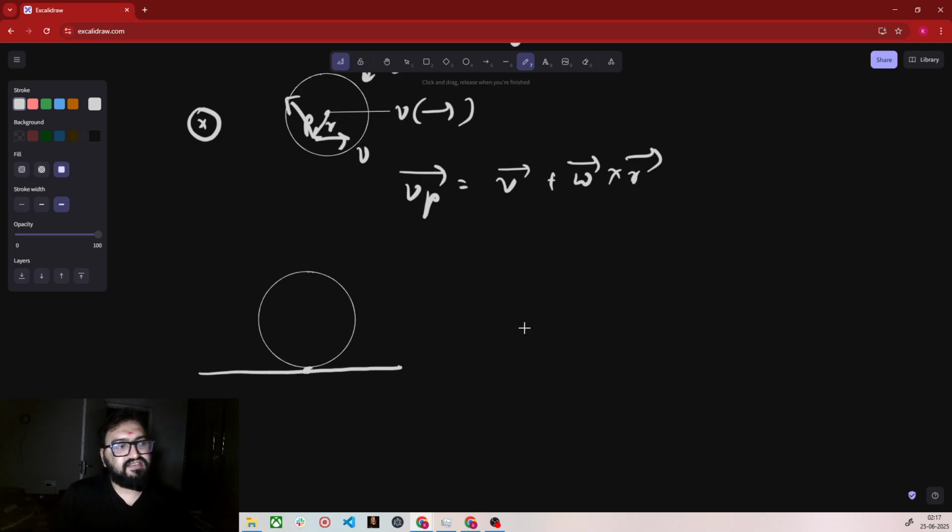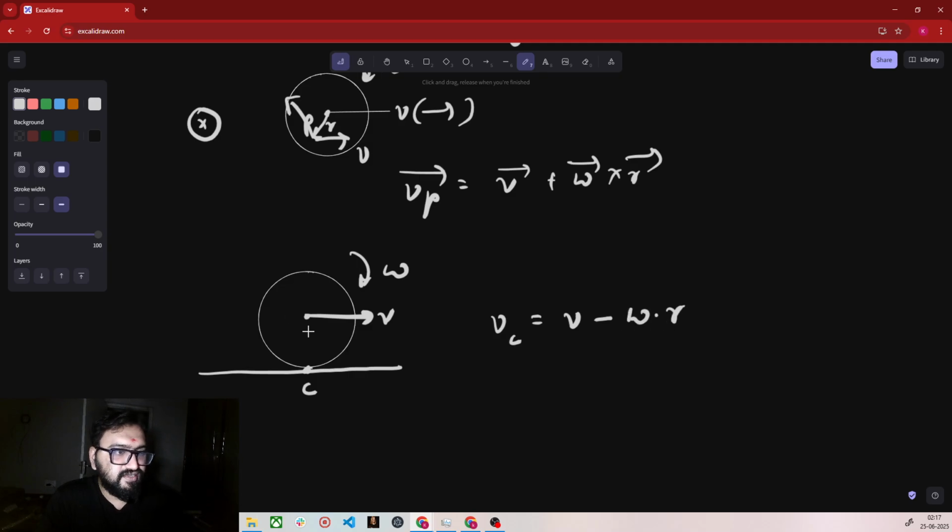Let's say the axis of rotation is moving with a velocity v, and the instantaneous angular velocity is omega. So at this particular point, C, its velocity can be written as v, the translational component, minus omega times r, where r is the radius of this body. Now this can be equal to 0, or it might not be equal to 0.